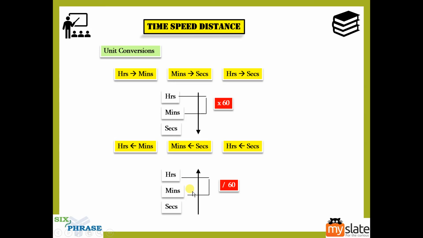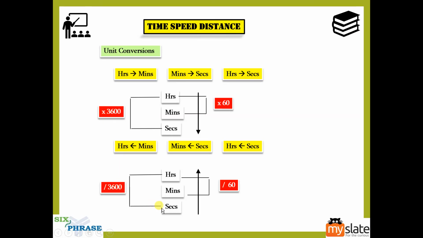So when I'm going from bottom to top, I'll do division. Now, going two steps downwards is obviously multiplication, and because it is two steps, it is 3600. This two steps thing will give you 3600.